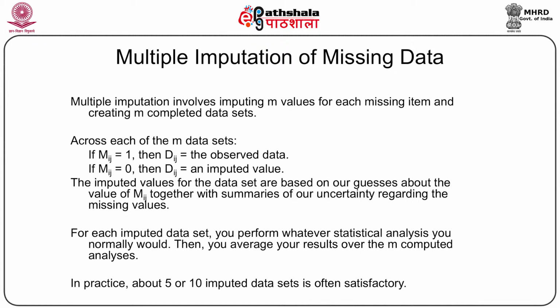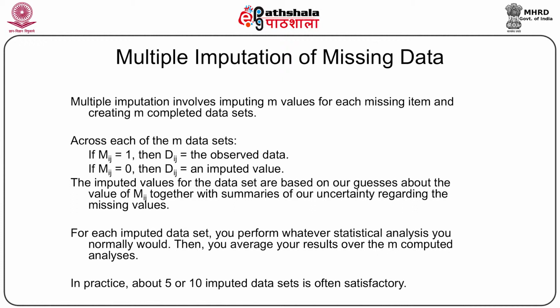Multiple imputation involves imputing m values for each missing item and creating m completed data sets. Across each of the m data sets, if M sub ij equals 1, then d sub ij will be the observed data, and if M sub ij equals 0, then d sub ij will be an imputed value.